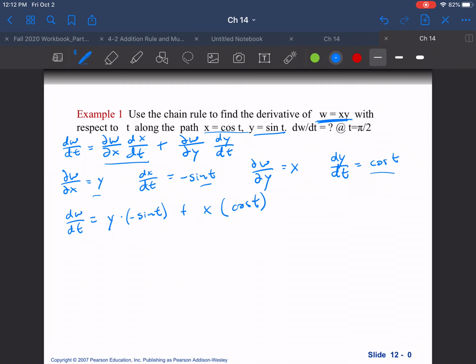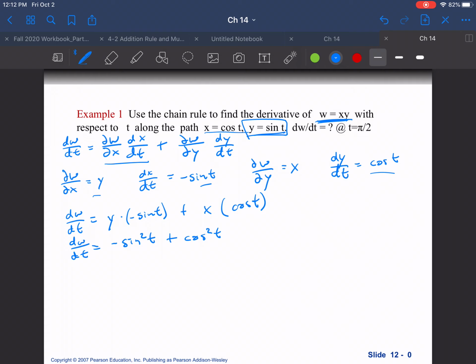And so we have this right here, and then what we can do is substitute in. We know that x equals cosine t and y equals sine t, so substituting for y, we get negative sine squared t, and then substituting cosine for x, we get plus cosine squared t. All right, and that is our result there.